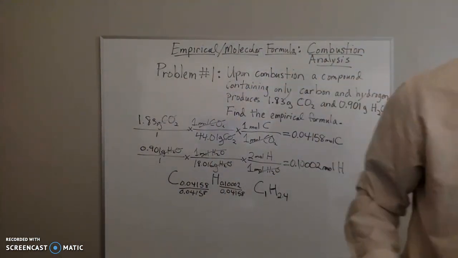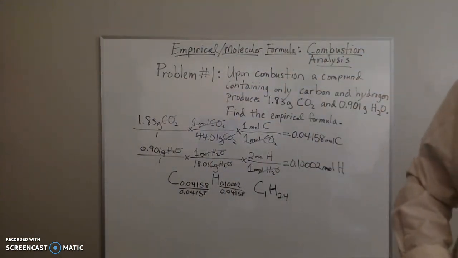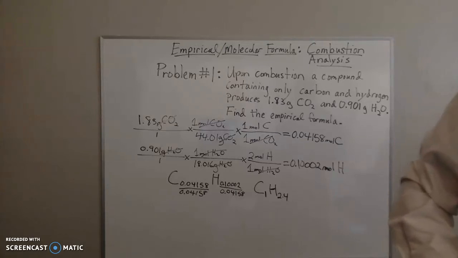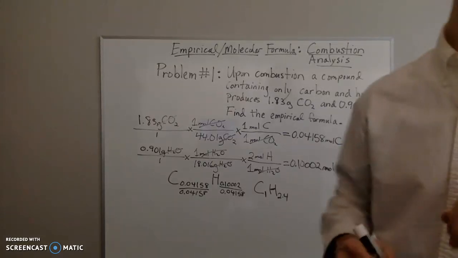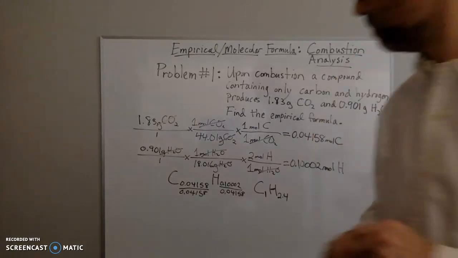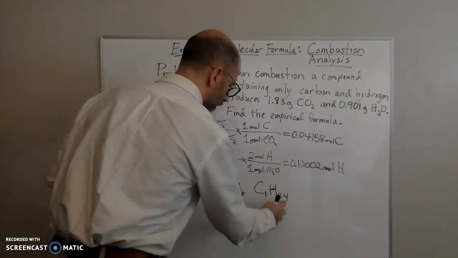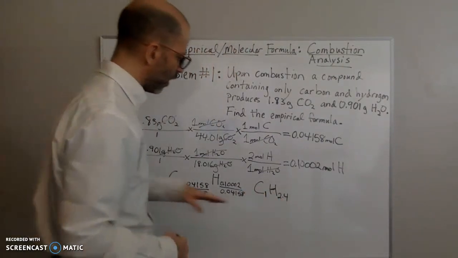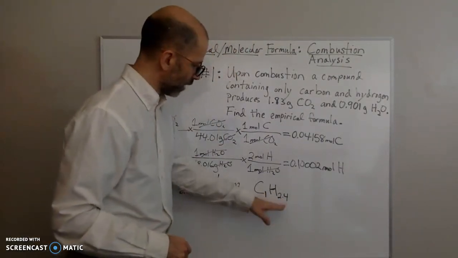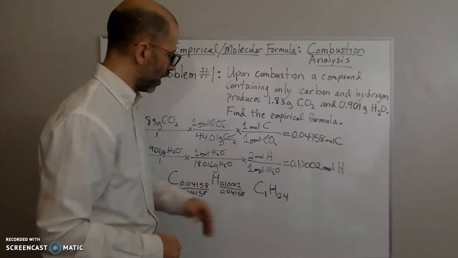Okay, so what we do there then is we have to find out, well, that 0.4, we can't round it, right? We can't round that to a 2.